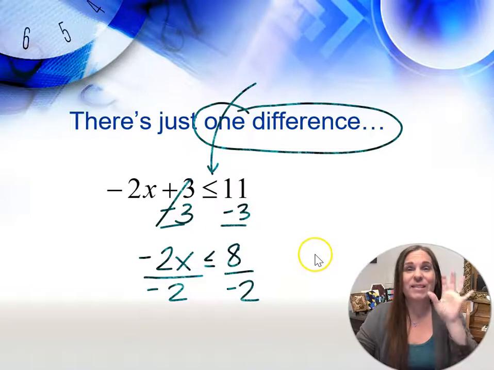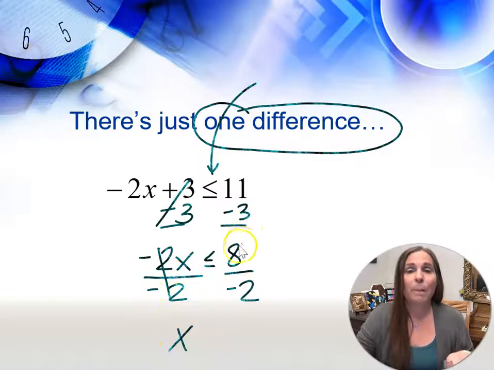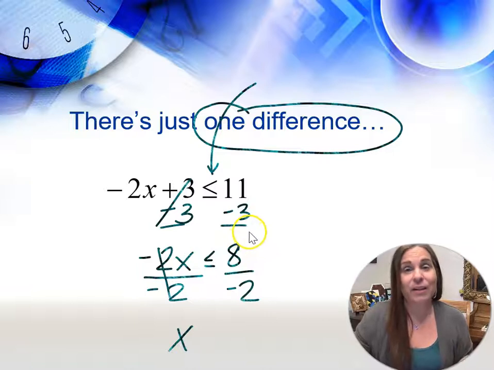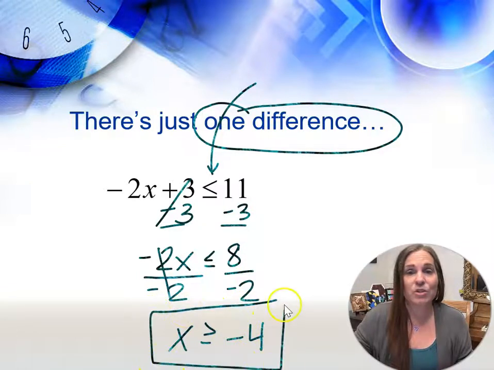Other than that, this is exactly like solving equations. So when I do -2 divided by -2, I get 1, that's still x. But because I divided by a negative on both sides, I have to flip the inequality. 8 divided by -2 is still -4. So this would be my answer.